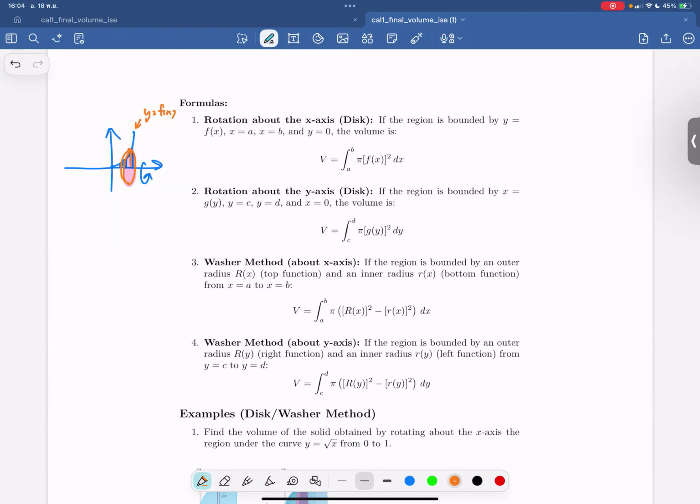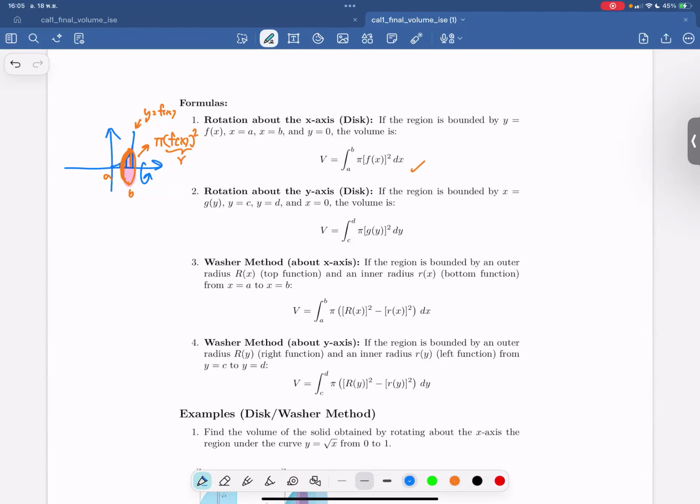So the particular section is a circle with the base area function pi times f(x) squared. So we take the integral of pi f(x) squared, with the boundary from a to b. So we get the rotation about the x-axis for this method.